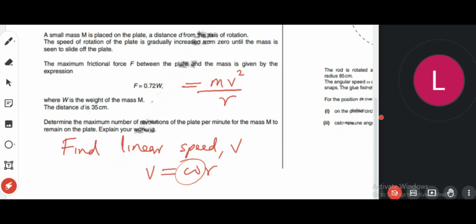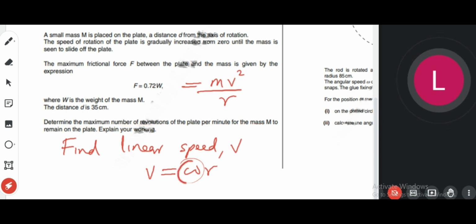Angular speed is the angle covered in 1 second, the angular displacement in 1 second. So when you find omega, you can actually find what is required. That's just a simple hint.